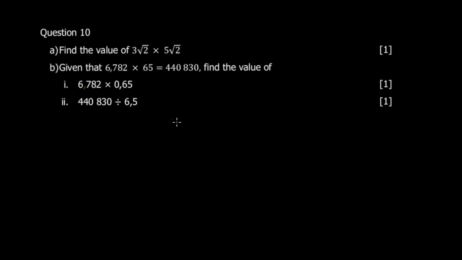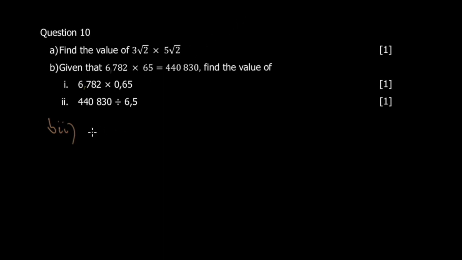Let's move to the second part. This one is supposed to be 6 point, not what's written there. So the second part says we're supposed to evaluate. This time we are dividing this part by 6.5. So again, we need to manipulate it to be a little bit like this. So just take what you're given and then make it divided by something here.